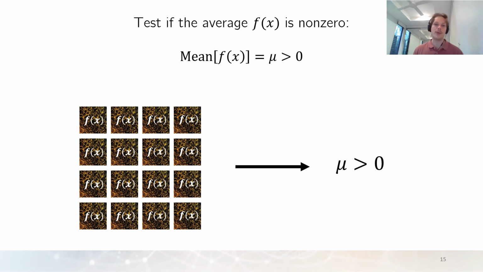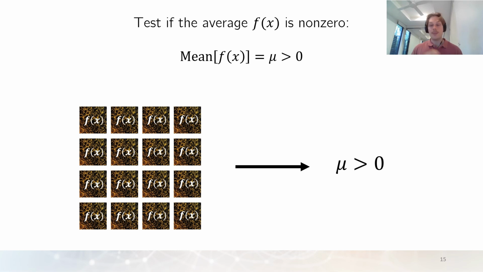The way we go about doing this, firstly, is we take the average of the f of X computed across all of the patches in an unseen validation portion of the data. The model will train on part of the data, and then on the other part of the data, where it's never seen before, it needs to prove that it's still detecting parity violation.